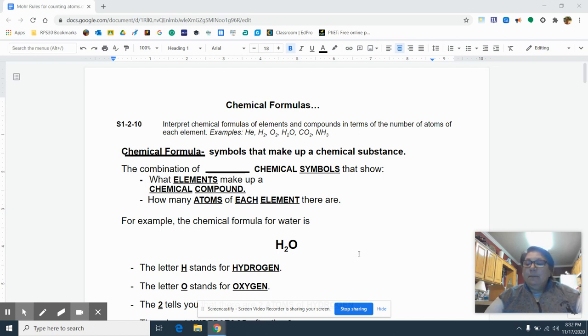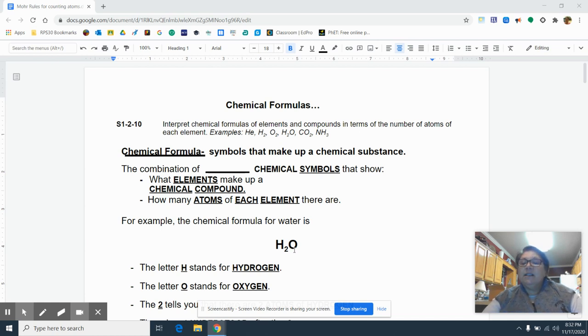Okay, on Thursday, for your bell ringer, there is one that I know some of you that have gone ahead are really struggling knowing what that definition is. It's actually a chemical formula. This is a chemical formula for water. So that simply means the symbols that make up a chemical substance.